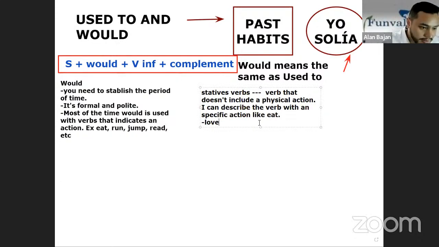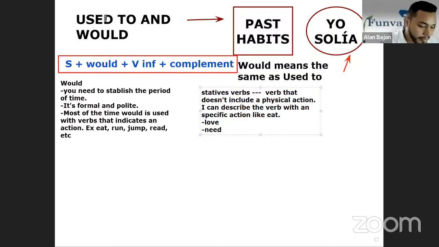Another verb is need. Es un verbo que no puedo yo describirlo de una manera física, no incluye algo físico. No le puedo decir, oiga, Brandon, ¿puede ayudarme a necesitar esto, por favor? Pero yo puedo decir, hey, can you help me to read this? Oh, I know that read includes a physical movement.